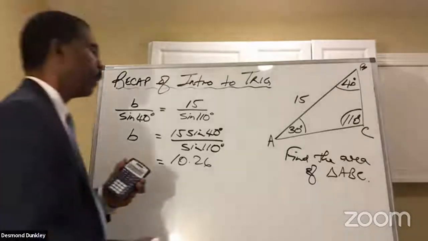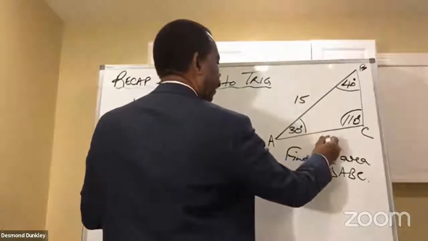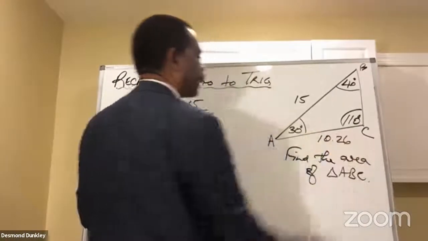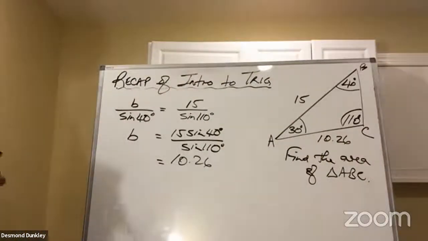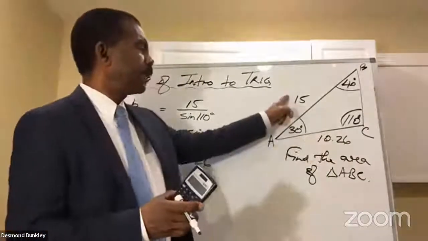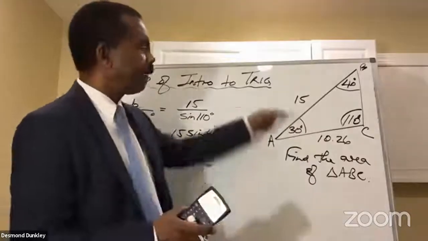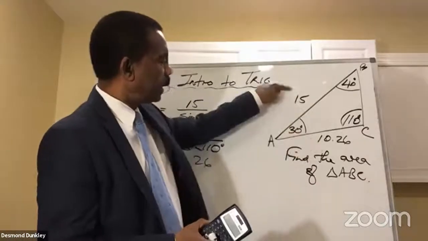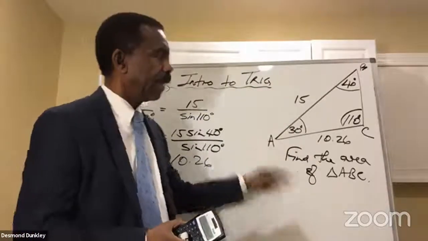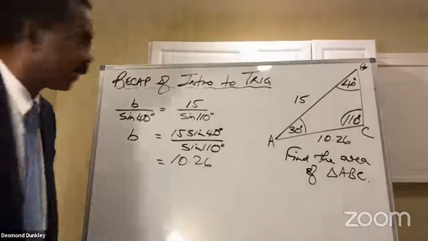So now we know that this is 10.26, this is 15, and we know the angle between. We can use a half BC sine A to get our answer.